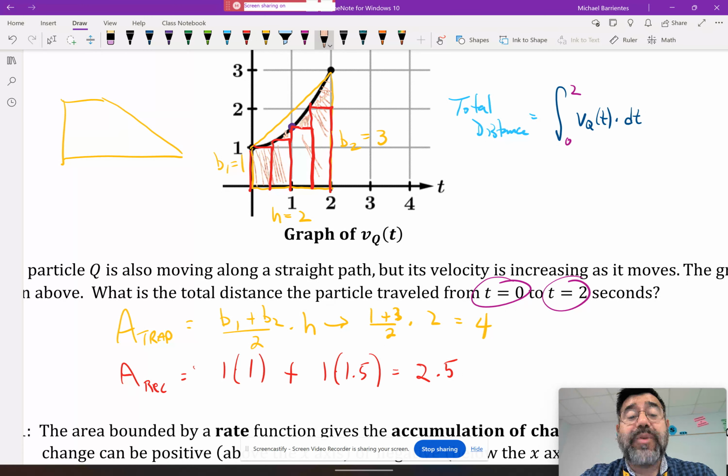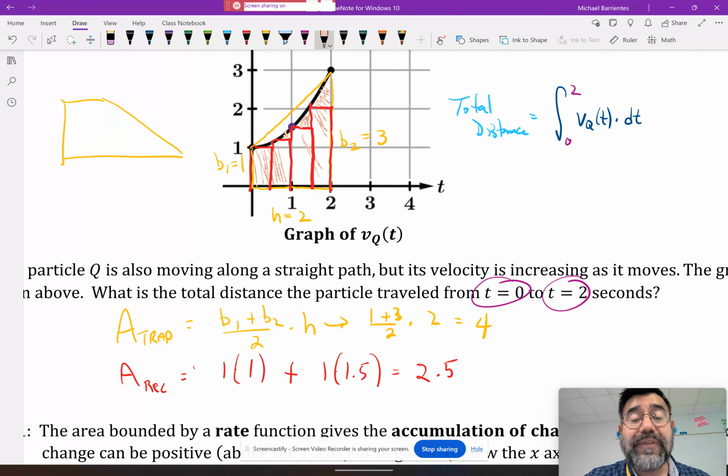So what this is pointing at is one of the ways that we're going to handle these situations where we have a curved function is we're going to use geometric shapes that we do know, like the trapezoid, like rectangles, because we can find the areas of those, especially because we can figure out the base by just finding the full length and dividing by however many rectangles I want.